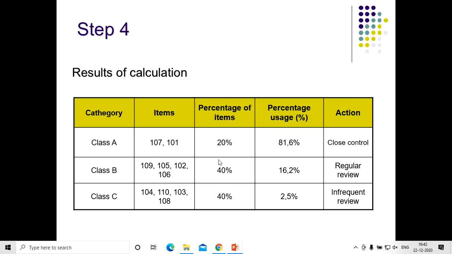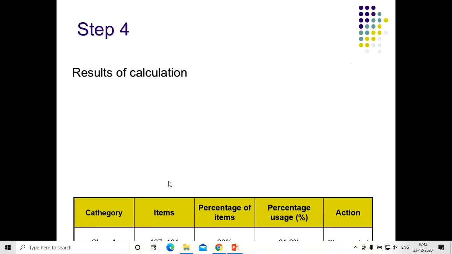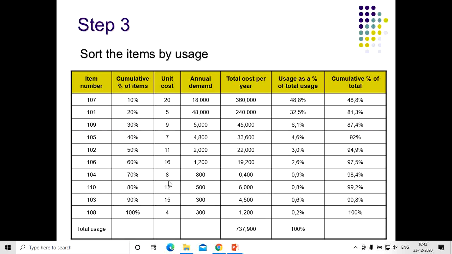Then for B category, the percentage usage is 15 to 25%. So I sum up 109, 105, 102 and 106, which we can see in this table. If I sum all these up, it will round off to 15%.